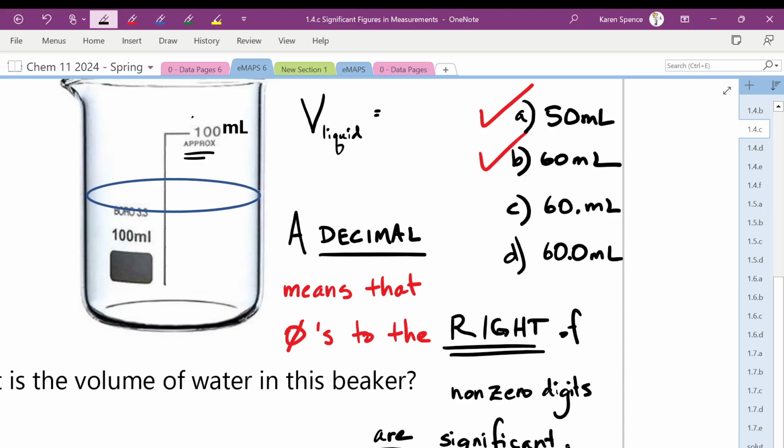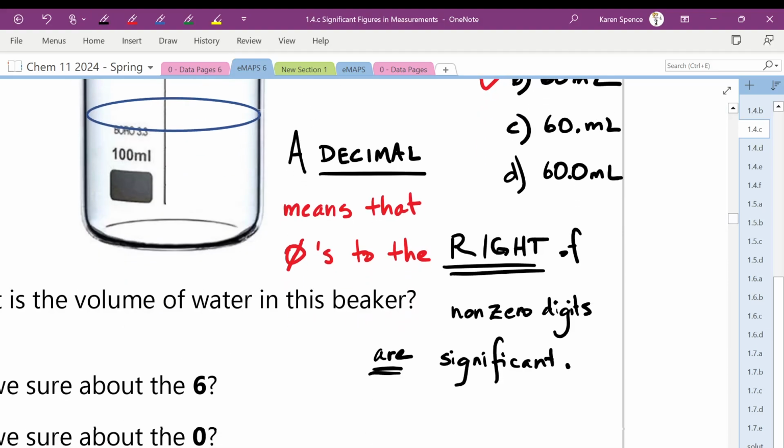So what that tells me is that if there is a decimal, zeros to the right are significant. If there's no decimal, zeros to the right are not significant.